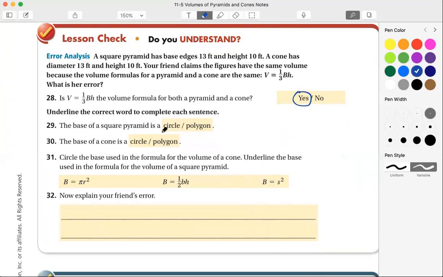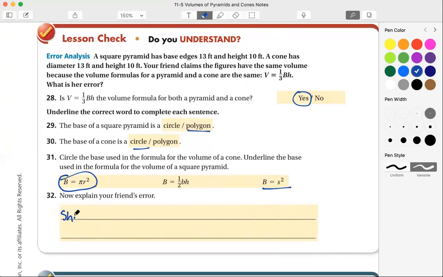All right, underline the correct word. The base of a square pyramid is a polygon. The base of a cone is a circle. So circle the base used in the formula for the volume of a cone. Underline the base used in the formula for the volume of a square pyramid. So this is going to be cone, this is square. So are they the same?